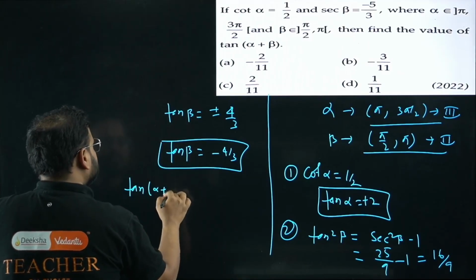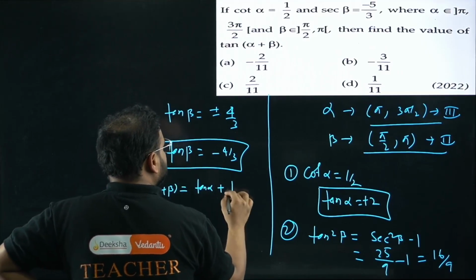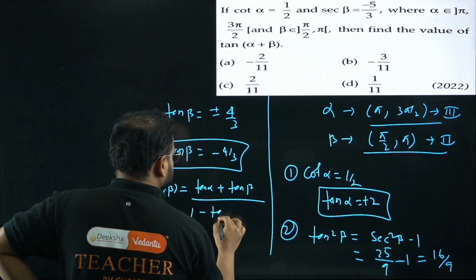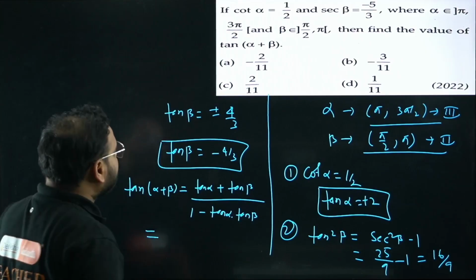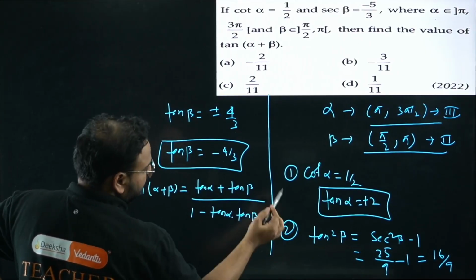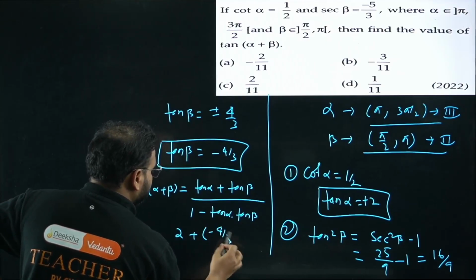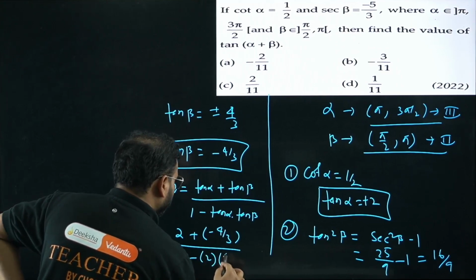Tan of alpha plus beta will become tan alpha plus tan beta upon 1 minus tan alpha into tan beta. What do I get for this, please check. I have 2 plus minus 4 by 3 divided by 1 minus 2 into 4 by 3.